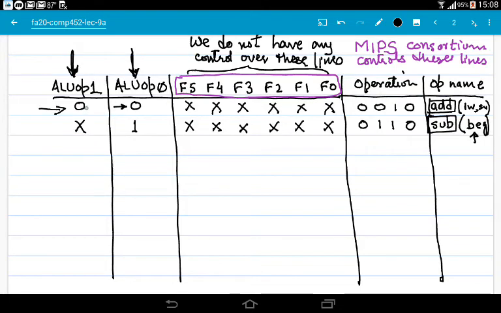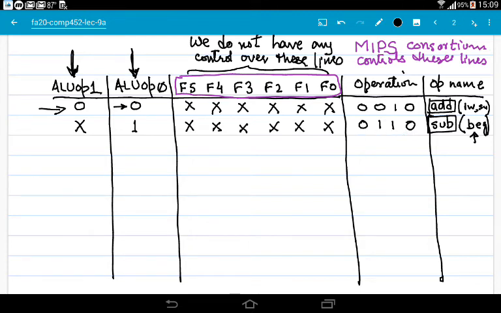If it is also 0, then we simply perform add operation. We do not look at the function code values. If the ALU op 0 bit is 1, then regardless of the value of the ALU op 1 bit, we simply program our ALU to perform subtraction operation, because we know that it's going to be a branch if equal instruction, okay?